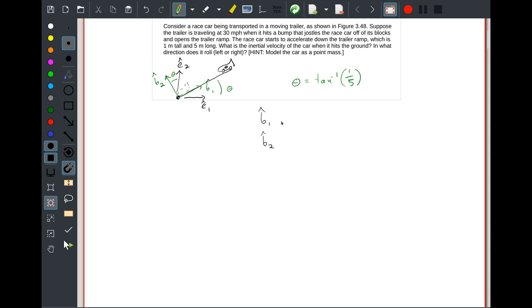So this is where, if I want to know B1 and B2 in terms of E1, E2, B1 is cosine theta E1 and sine theta E2. So it goes over, up, over cosine theta and up sine theta. And then B2 goes negative sine theta E1, so it's going backwards, and then it's also going cosine theta E2 upwards.